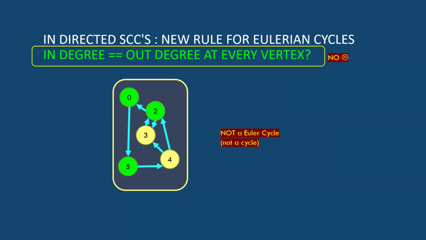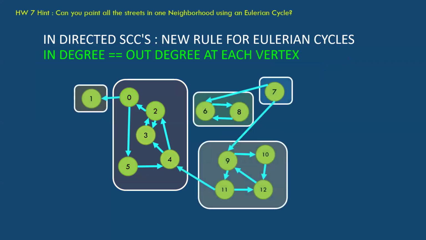So that's the rule. How do we apply this to homework 7? This is the part that not everybody will get. If these are our strongly connected components, imagine in our taxi scenario, this is the safe neighborhood. We do not care about this edge right here, and we don't care about this edge.